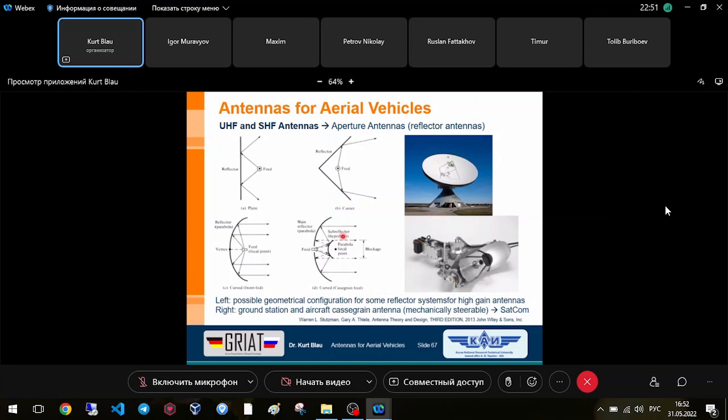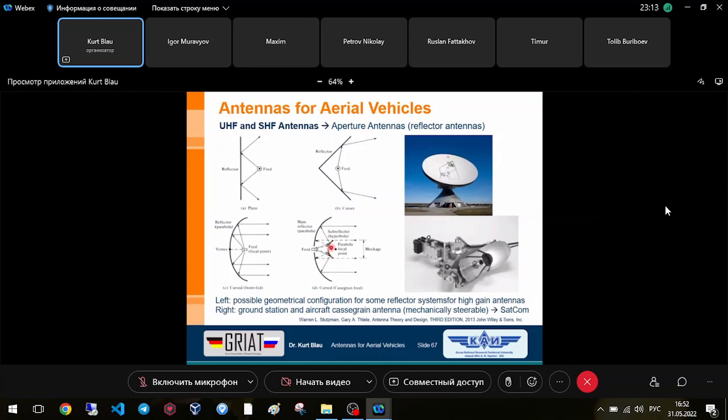And I also showed you some fundamental principles of such reflectors. And a very interesting thing here is the Cassegrain antenna here. It's a double reflector. The feed is here. Radiation goes to the first parabolic small reflector.